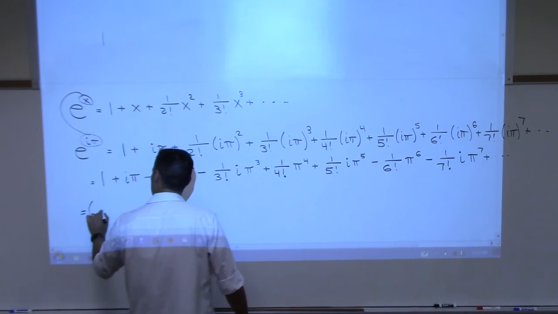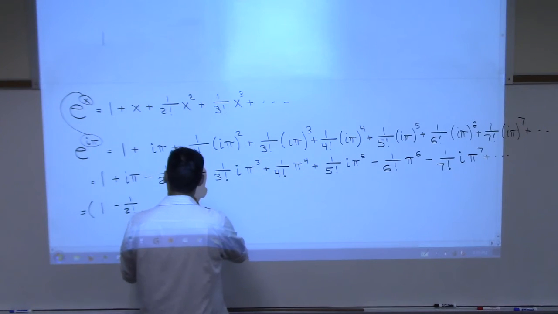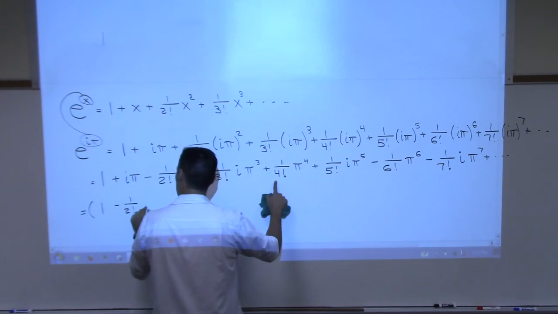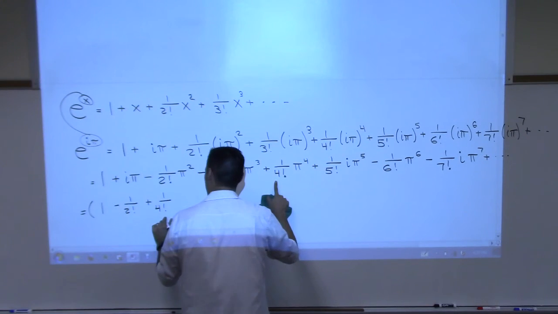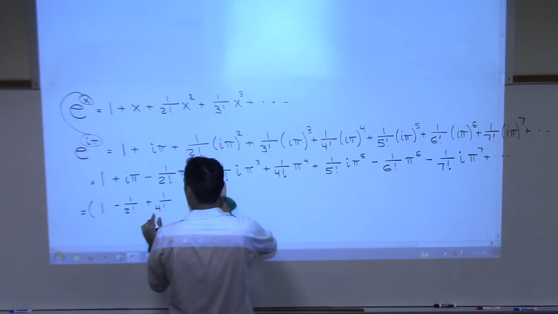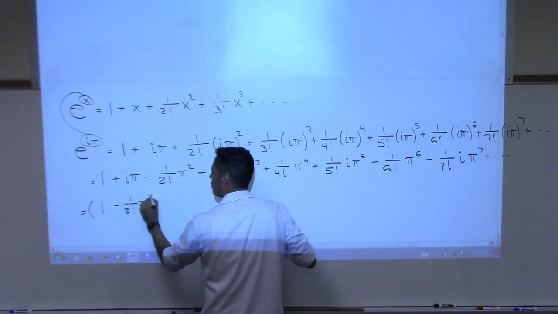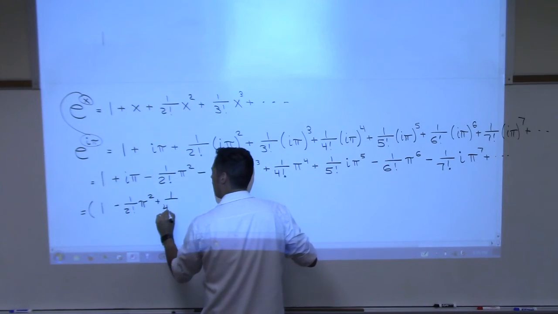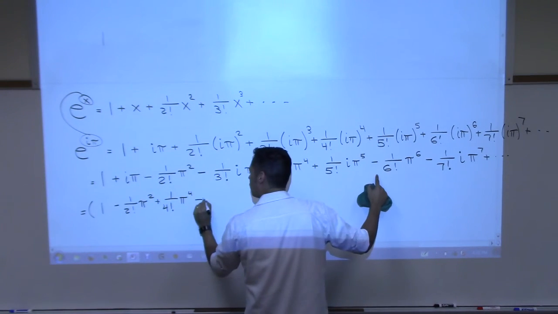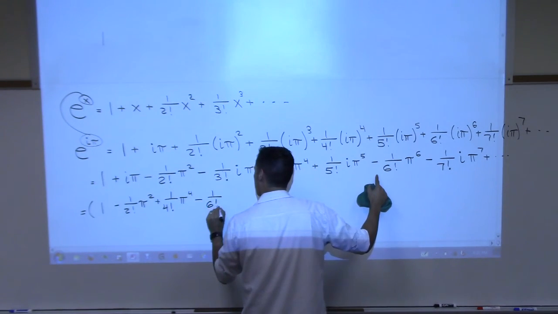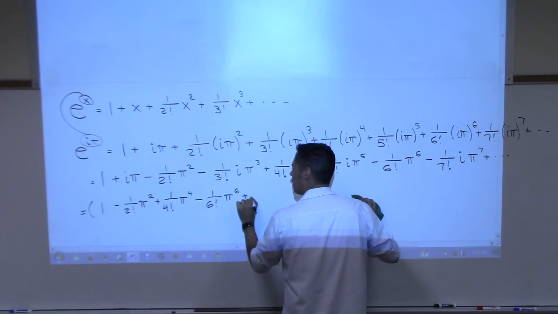Do you agree with this? 1 minus 1 over 2 factorial pi squared plus 1 over 4 factorial pi to the 4th minus 1 over 6 factorial pi to the 6th, and that's it, plus dot, dot, dot.